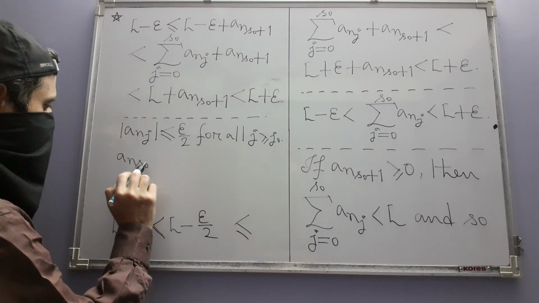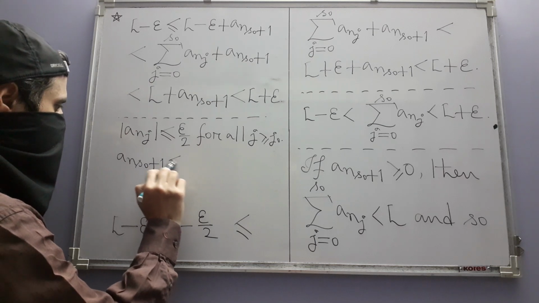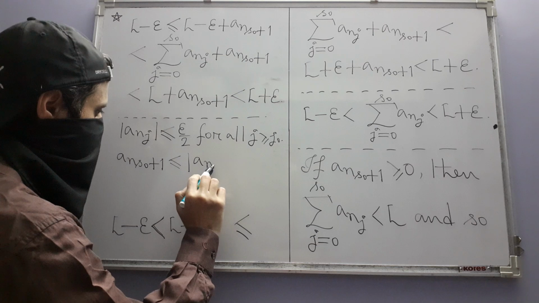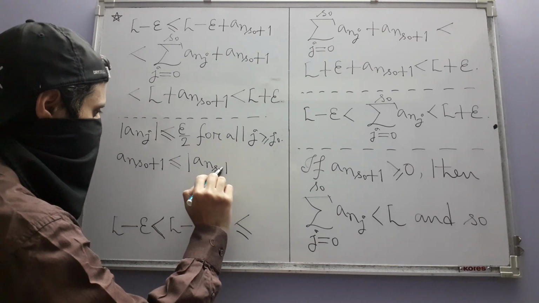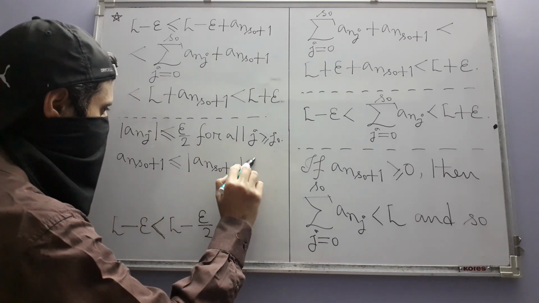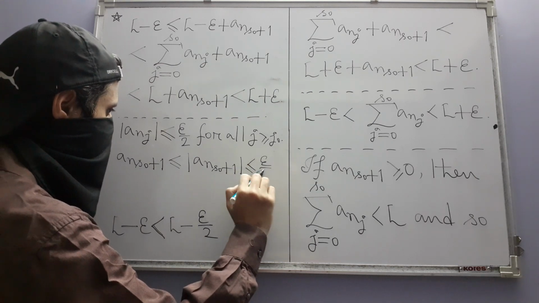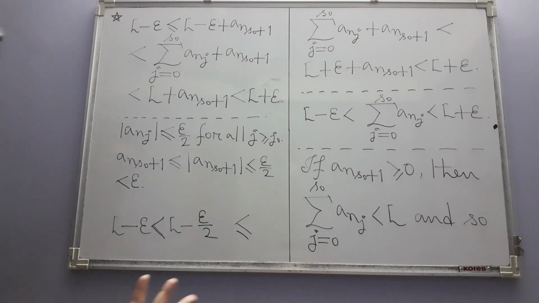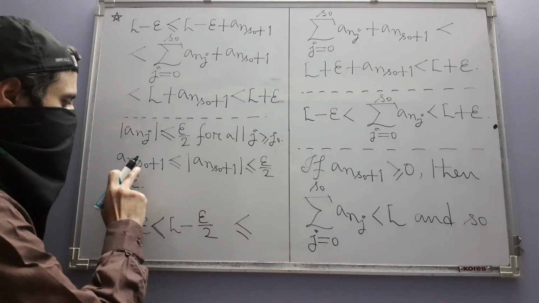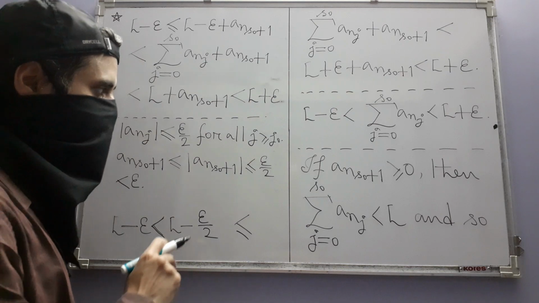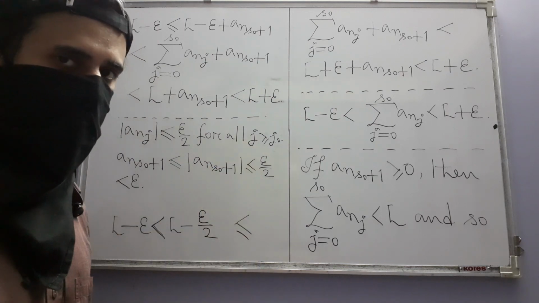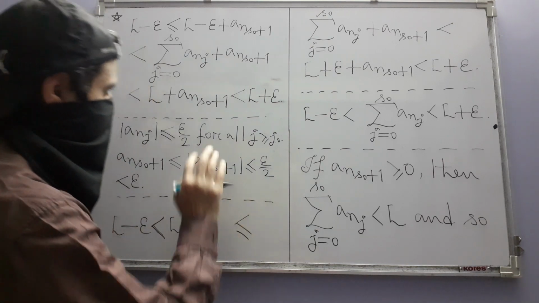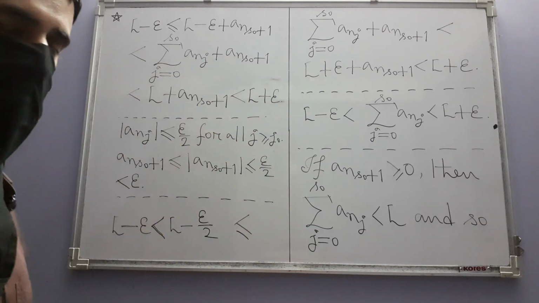A n s naught plus 1 is less than or equal to its own absolute value, which is less than or equal to epsilon over 2, that is less than epsilon. And again, we have already seen this once, that we can choose s naught plus 1 in place of j, because that is greater than or equal to j naught. So yes, this is also justified.